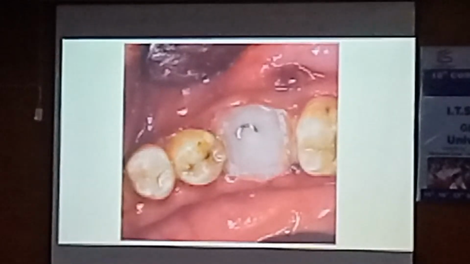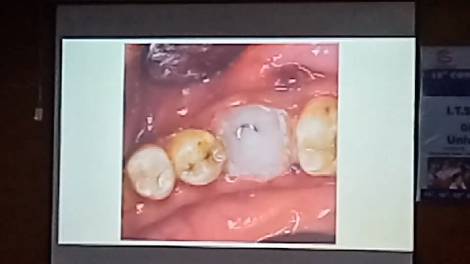So it has done two things. What two things? It has given closure and secured my bone graft, and at the same time it is going to modulate the soft tissue when we do the stage 2.